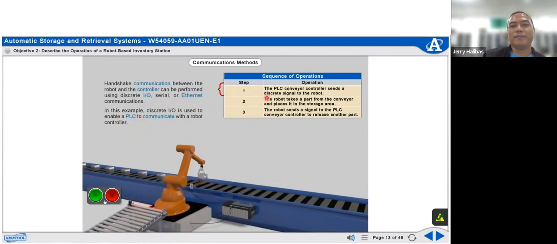Step 1: the PLC conveyor controller sends a discrete signal to the robot. Then the robot takes the part from the conveyor and places it in the storage area. Then the robot sends a signal to the PLC conveyor controller to release another part. So that is what is known as handshaking in communication.